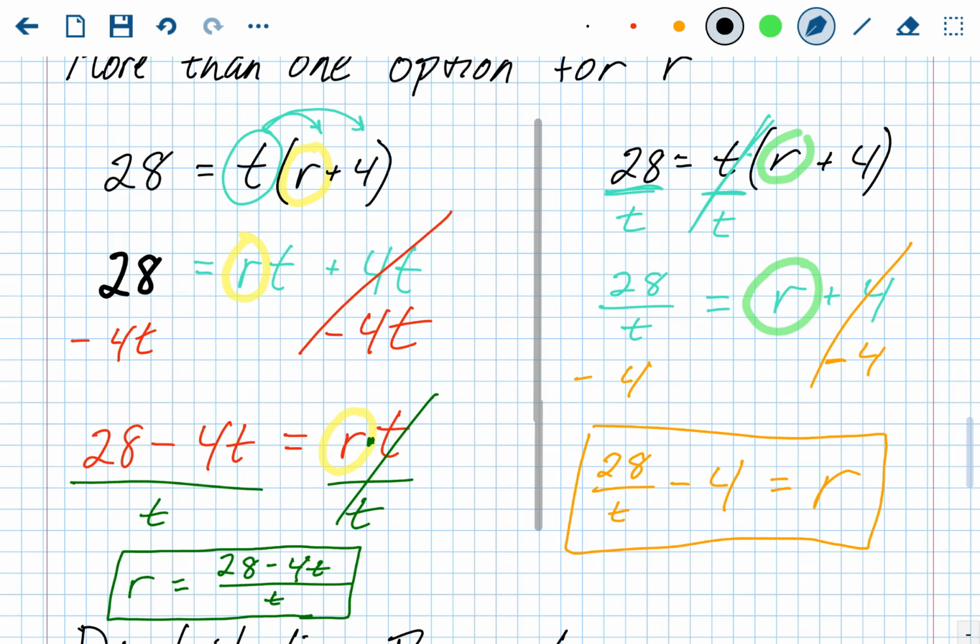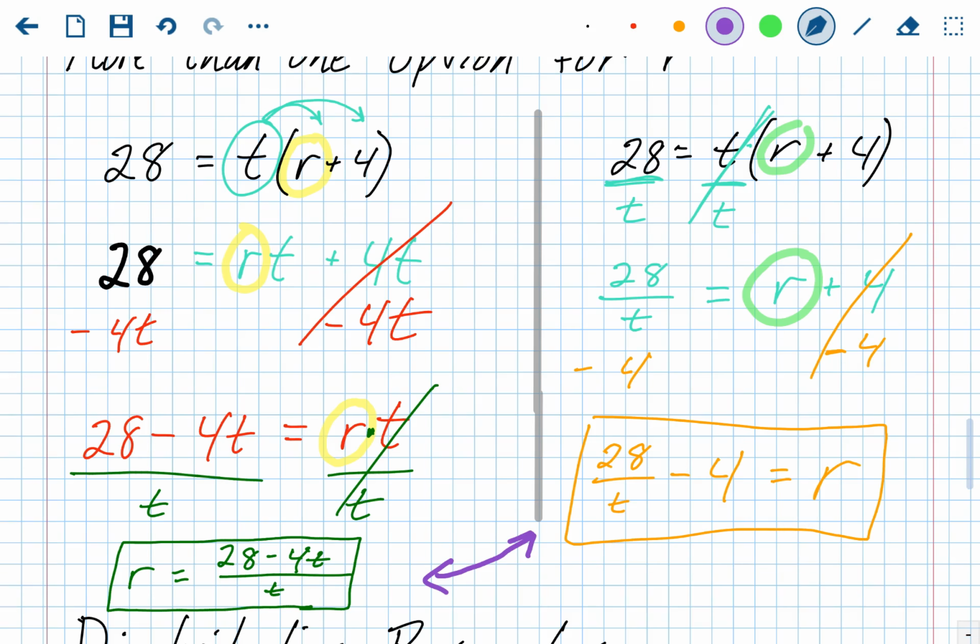Now these two don't look the same, but they are equal. Both of these answers are right. They represent the exact same thing, one's just in a different form. We'll talk more about that later and why that's the same. I might as well say it. Really, we could rewrite this one as 28 divided by t.